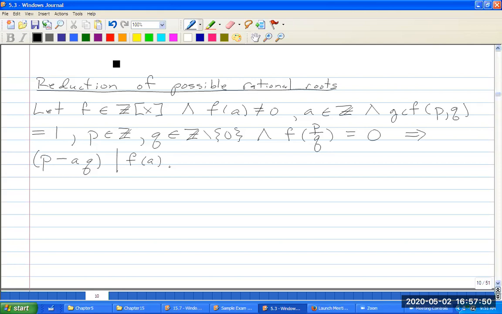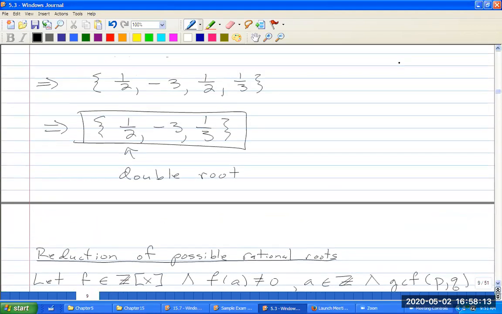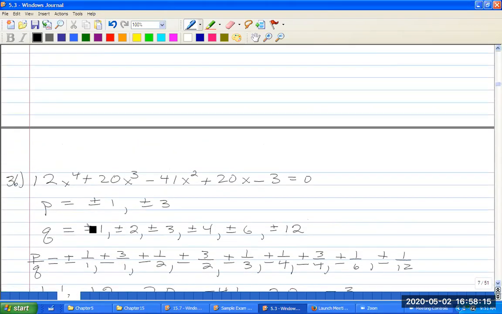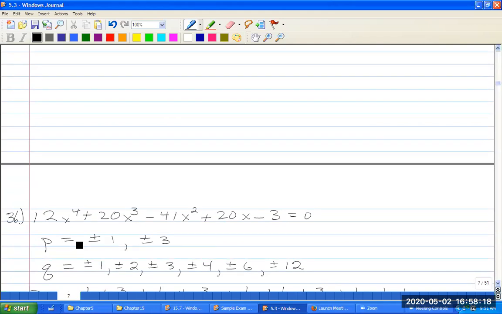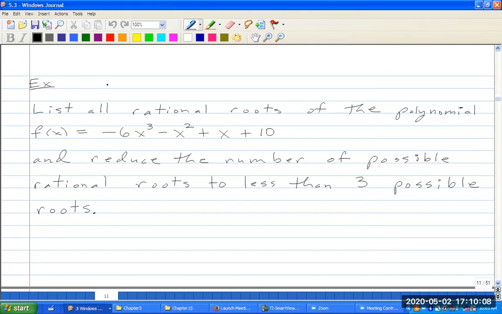From that list of rational roots, you check to see which ones satisfy this condition. The ones that don't satisfy this are eliminated. So you'll now be using this error that you tried something and it didn't work. That will shrink this gigantic list of possible rational roots.